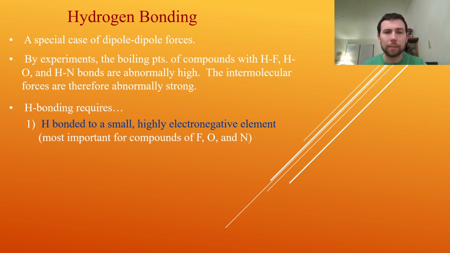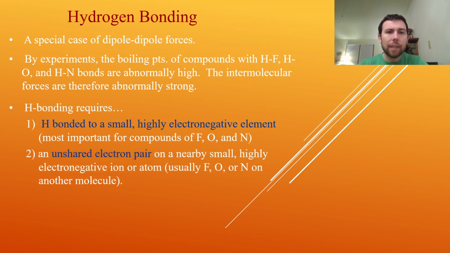The next thing that we want to consider is that there needs to be an unshared electron pair on a nearby small, highly electronegative ion or atom. Usually in this case, we're talking about fluorine, oxygen, or nitrogen on another molecule. If both of those criteria are met, then hydrogen bonding can form between those molecules.